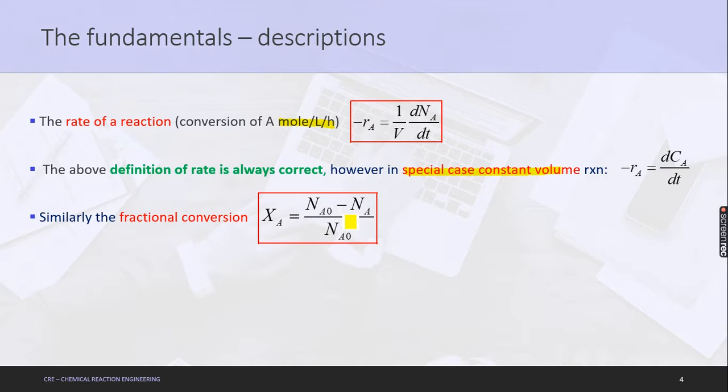When no mole has changed, N_A and N_A0 are the same, so the fractional conversion is 0. And when all the molecules have been converted, N_A equals 0, so the fractional conversion equals 1. So the definition is always true. You need to understand the definition is in terms of the number of moles, the number of molecules, not related to concentration, because concentration can change.